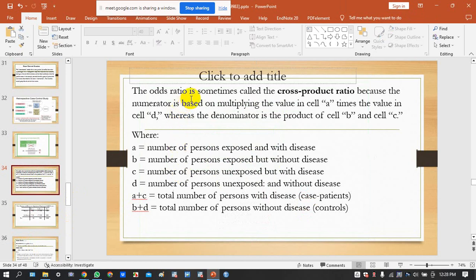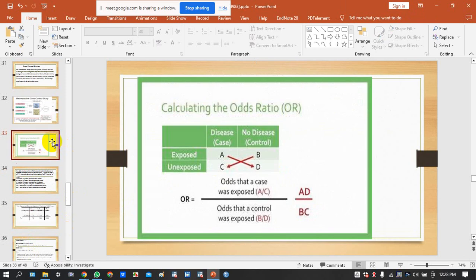So the odds ratio is sometimes called the cross product ratio. Why? Because you cross multiply A times D, C times B.